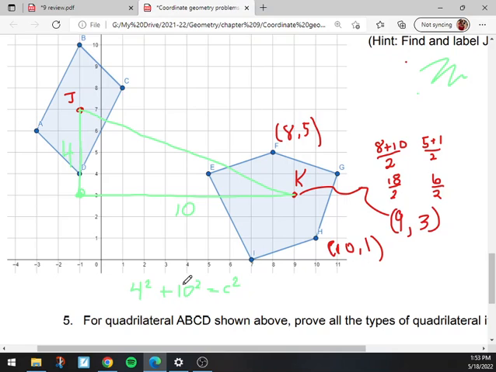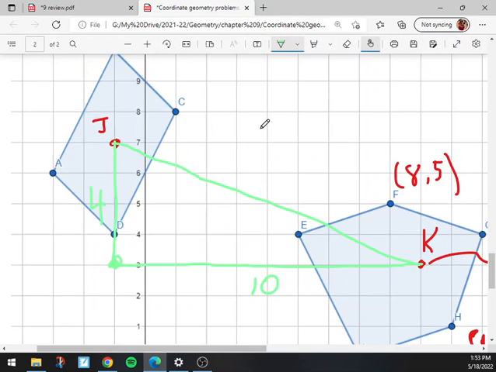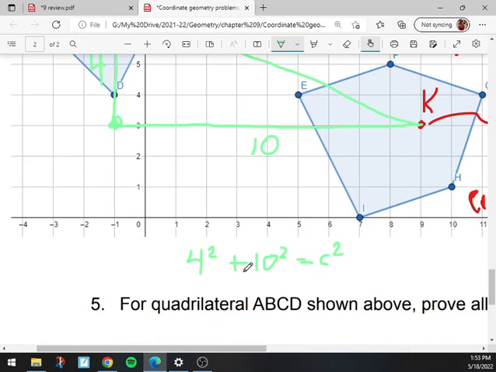And we could type 4 squared plus 10 squared in our calculator, and it would give us 116. Let me zoom in. So that'd be 116, and that would be equal to c squared. So if I want to find c, I'll just take the square root. Square root of 116 is 10 point, I forget.